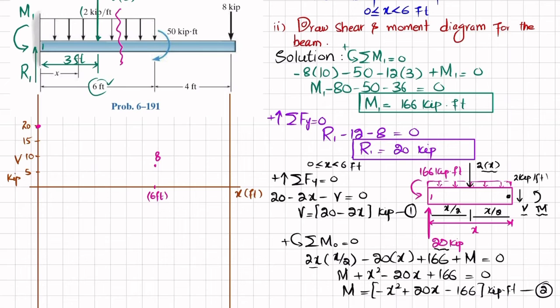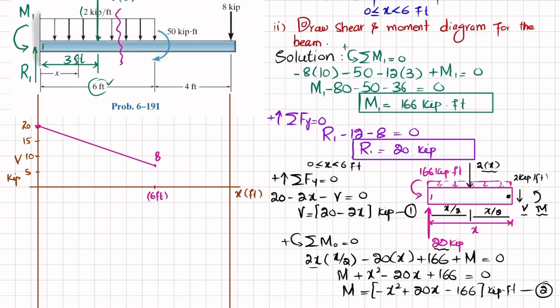Now you can see that this loading is a uniformly distributed load, a load with a horizontal line of 0 degree. So shear force will be 1 degree higher as the load is downward. So the shear force will be a linear line and slope will be decreasing. So we will join these 2 points using a straight line.